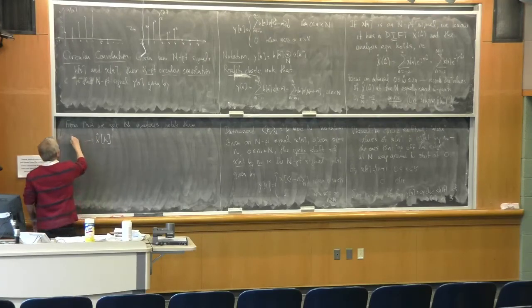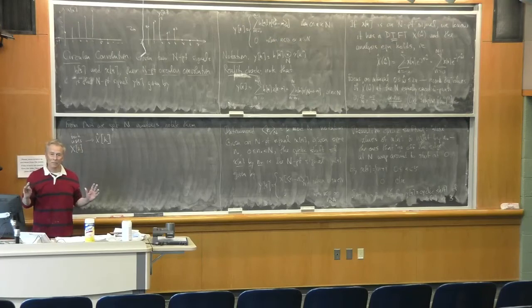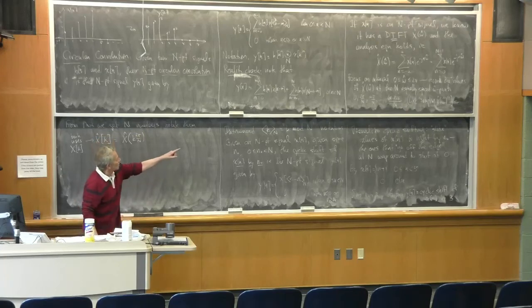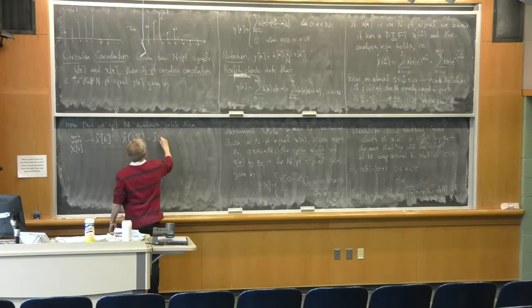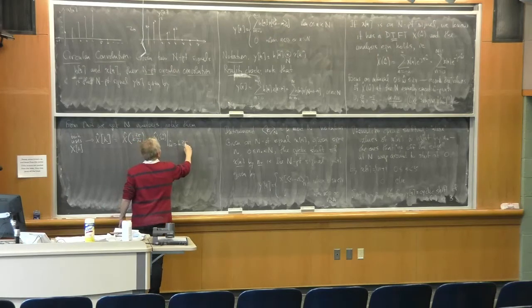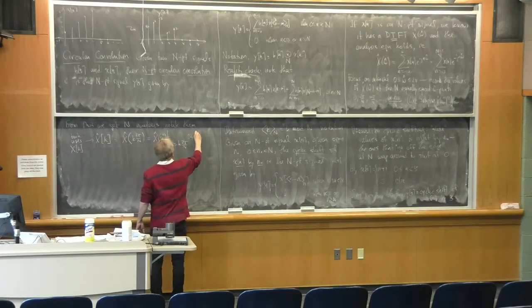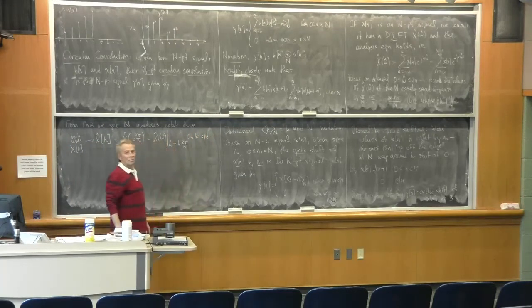The book uses just cap X of k instead of cap X hat of k. X hat of k equals x hat of k 2 pi over cap N. That's just one of the values in that list. It's x hat of omega hat evaluated at omega hat equals k 2 pi over N. And this is going to be true for k between 0 and N minus 1 inclusive.